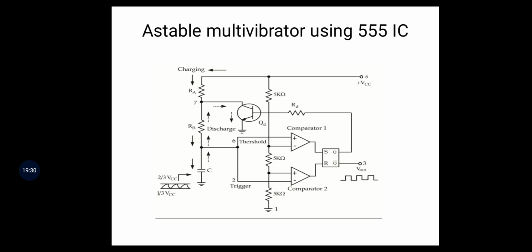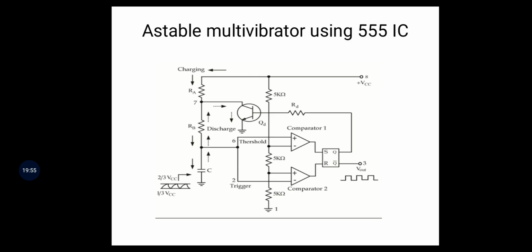Here, in this diagram, we show the astable multivibrator. What is meant by astable multivibrator? A multivibrator which generates a square wave of its own without any external triggering pulse is known as an astable multivibrator.